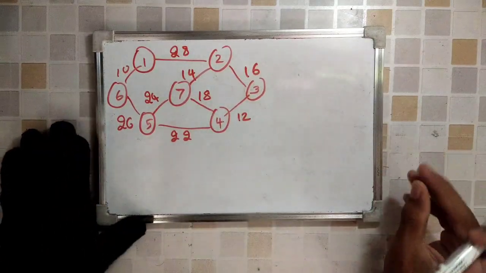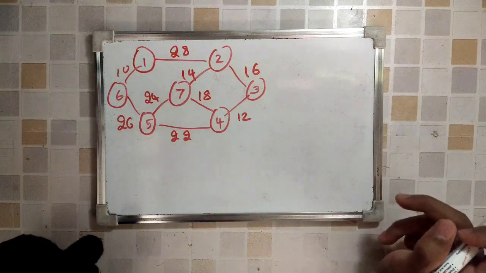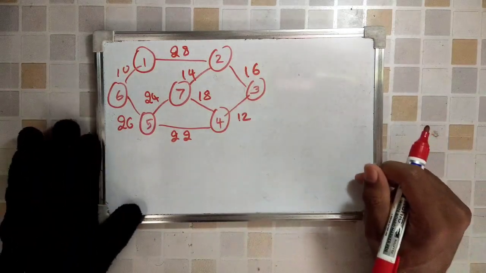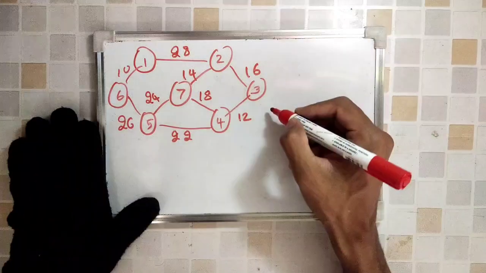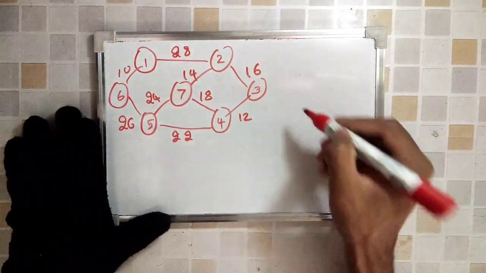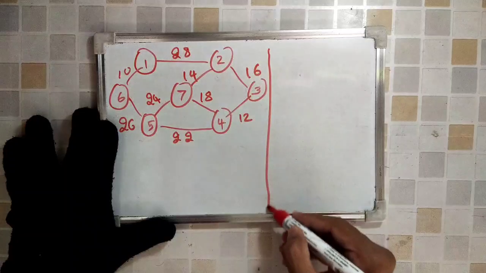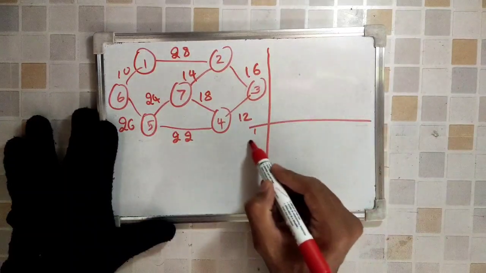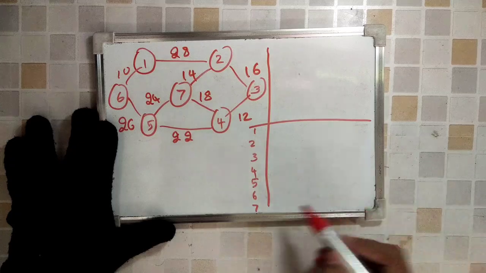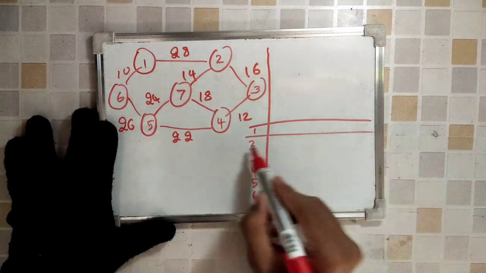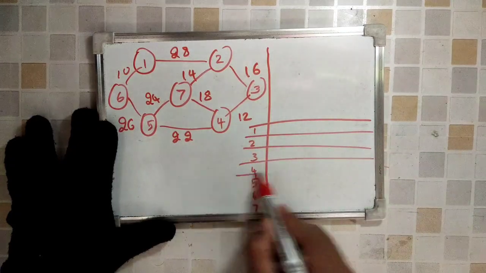Now what we have to do is first plot a matrix. In that matrix we'll be writing everything. Let me try to make it in this much space: 1 2 3 4 5 6 7, a bit congested, but still I think it will work.